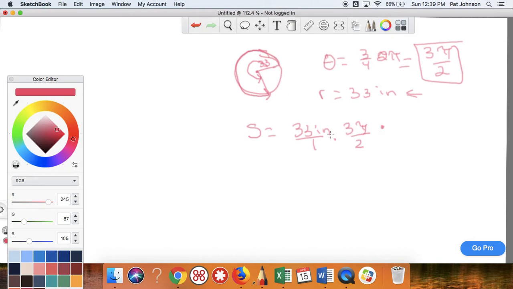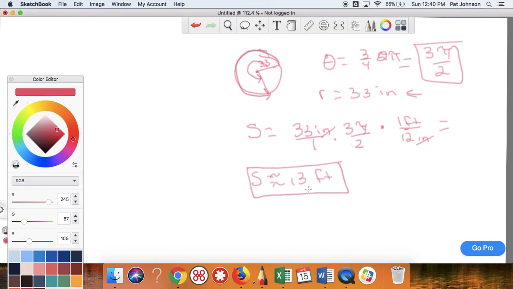And then we have to convert inches, so 1 foot equals 12 inches. So my inches cancel out. And when I multiply all this out, I end up with s is approximately 13 feet.